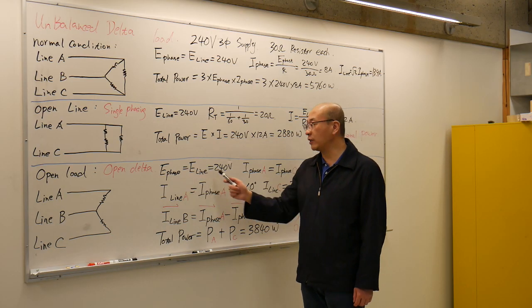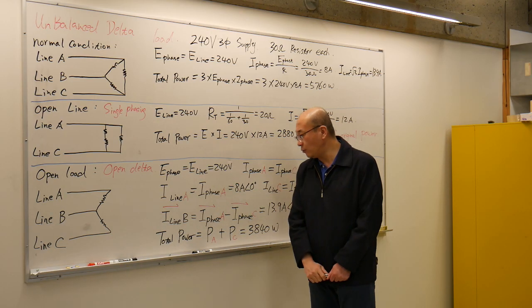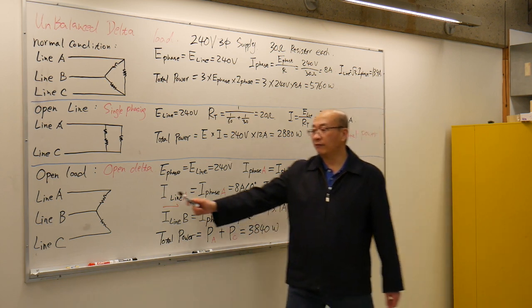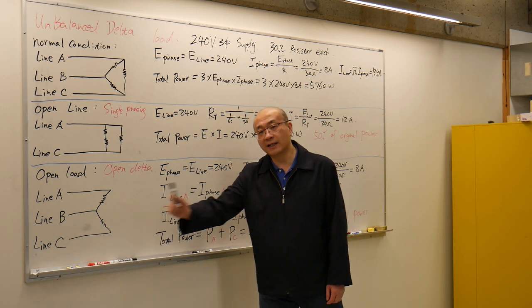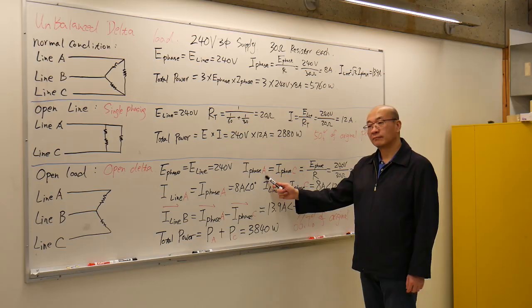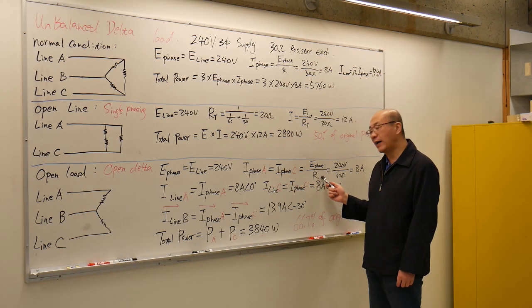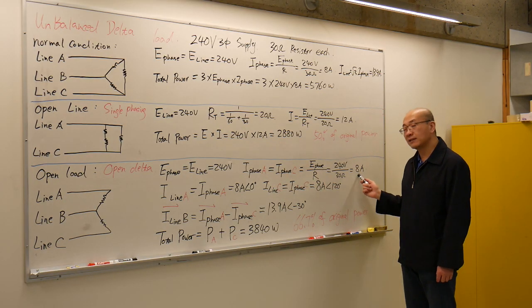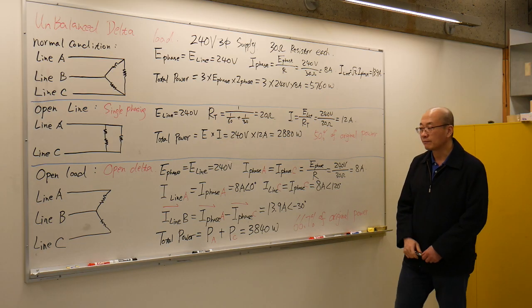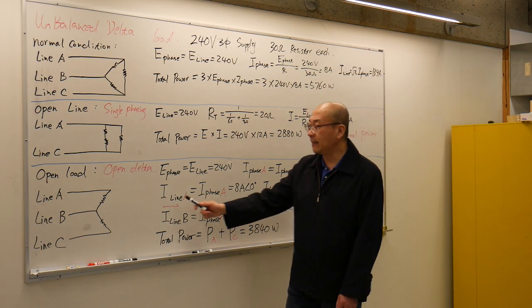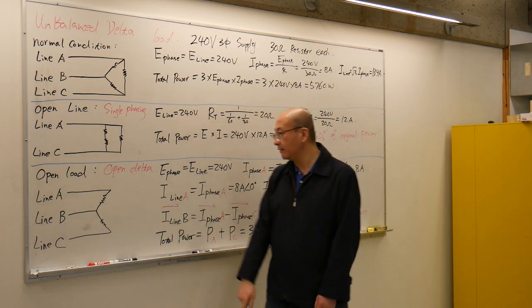Phase voltage still equals line voltage, 240 volts. For phase A and phase C, the current equals the volts divided by the resistance, which gives us 8 amps each. Line A is in series with phase A.